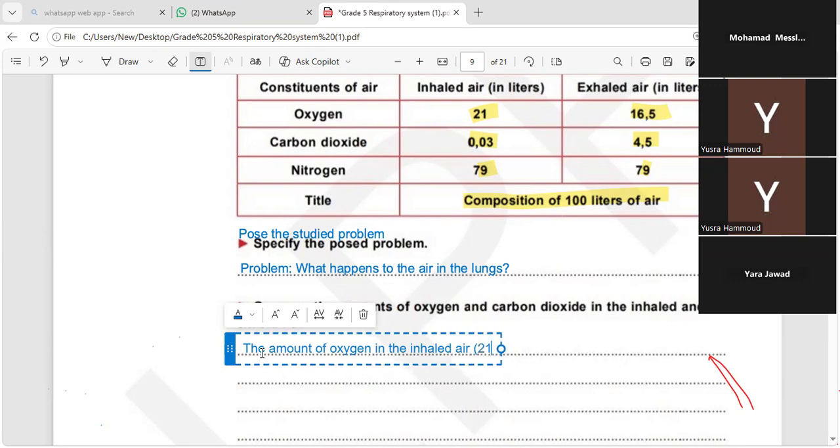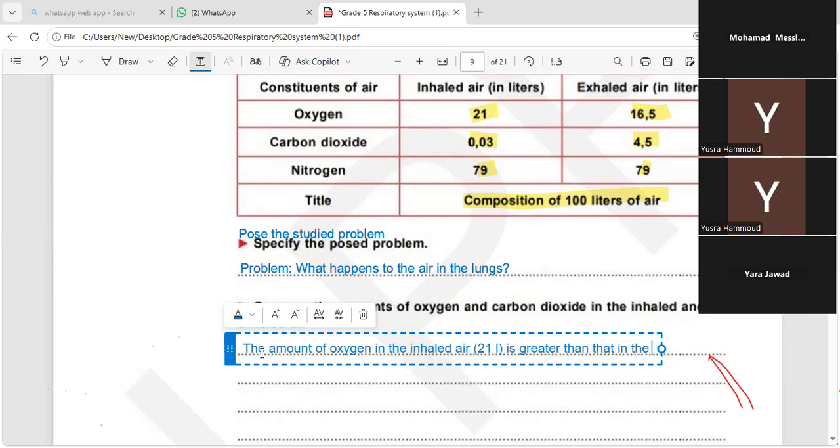The amount of carbon dioxide inhaled, 0.03 liters, less than exhaled, that is 4.5. Yes. Instead of repeating the words, the amount of oxygen, say "that in the exhaled air".